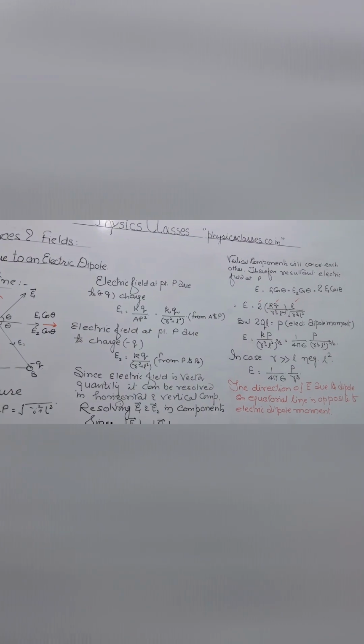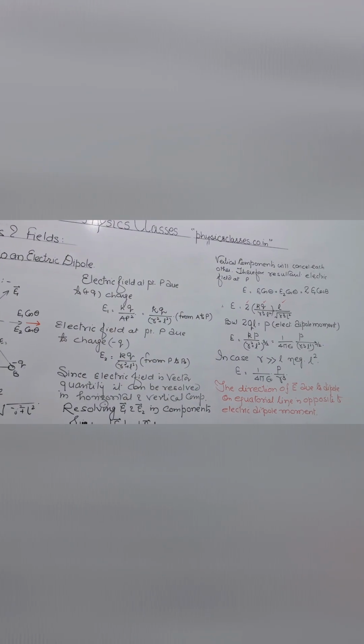The magnitude of charge is same, distance is same, so the magnitudes of E2 and E1 will remain same. The difference is only that of direction. The direction of electric field is from P to B.